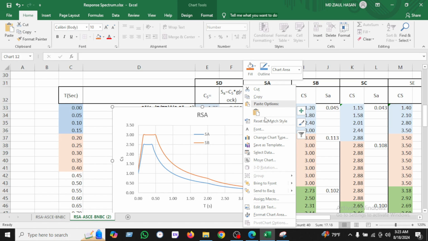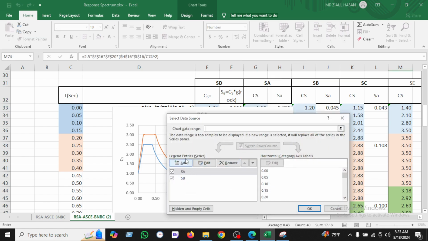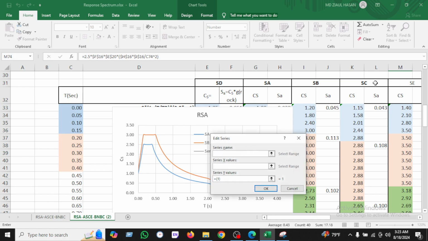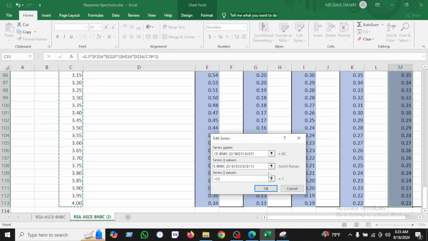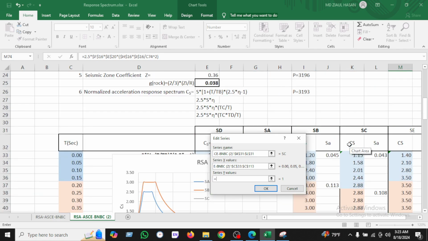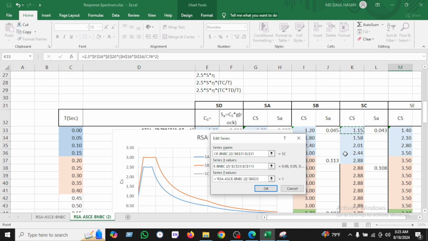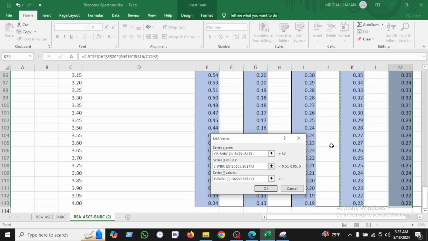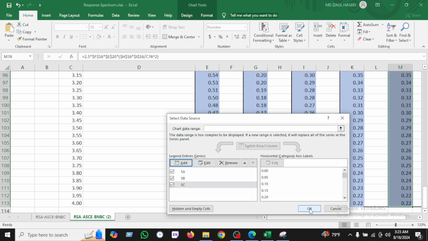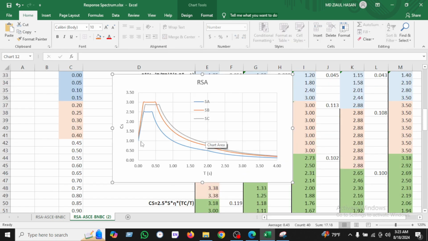We will plot SC. This is SC, and the X value is the time period up to 4 seconds, and the Y value is SC. Okay, here is SC, so SA, SB, and SC are drawn.